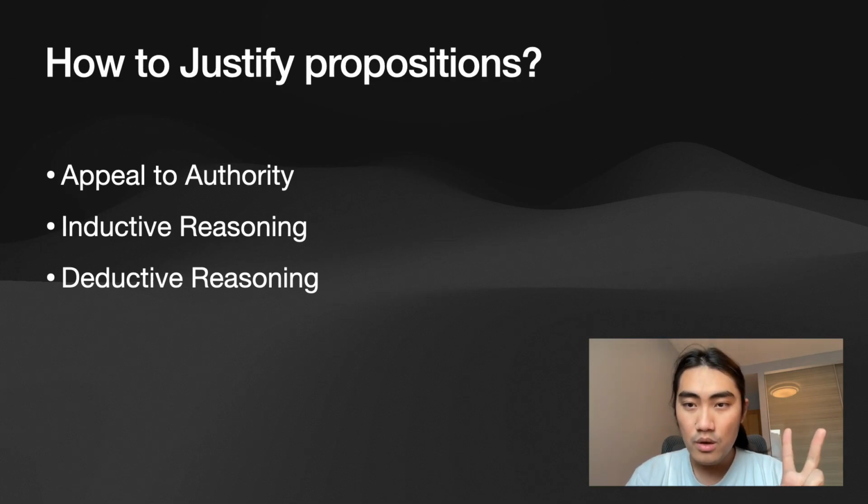And second, we could do inductive reasoning, like what large language models, these transformer models, these neural networks are doing. But we could also do deductive reasoning if it is a fact that could be inferred by logic.